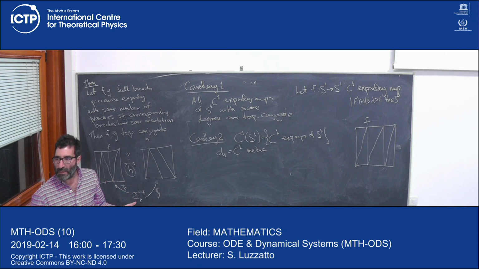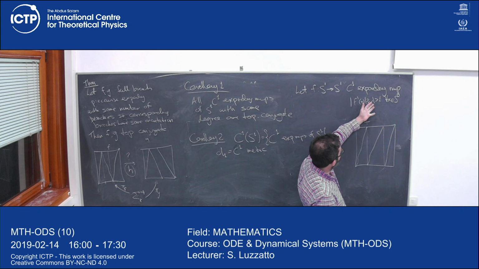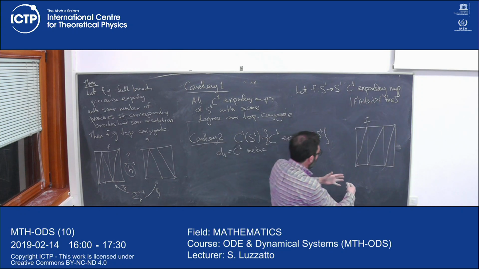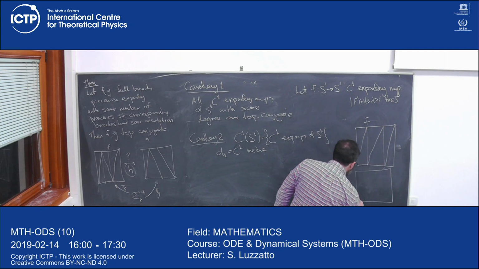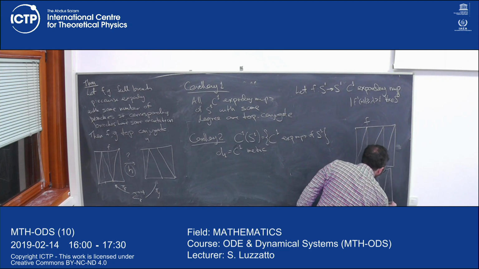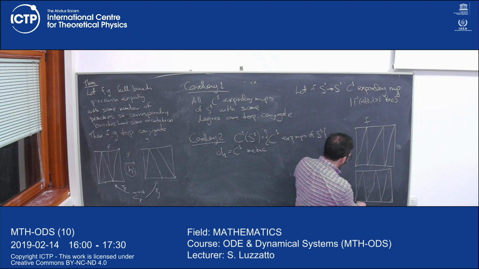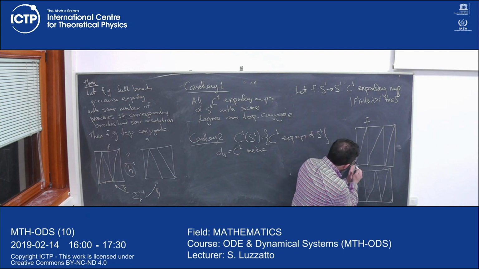You necessarily get another map that is still a C1 expanding map of the circle, because you have your map of the circle, you perturb it a little bit, which means you will get something that might no longer have a fixed point there, but it still will look something like this, right? And at every point the graphs will be epsilon close, and the derivatives will be epsilon close.